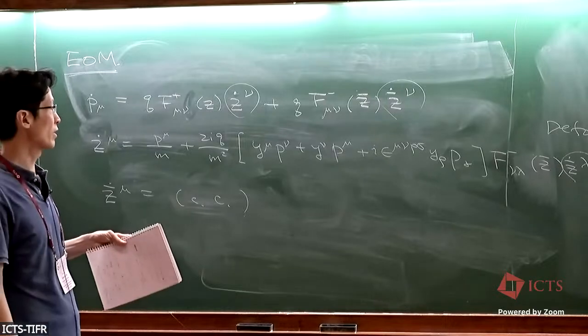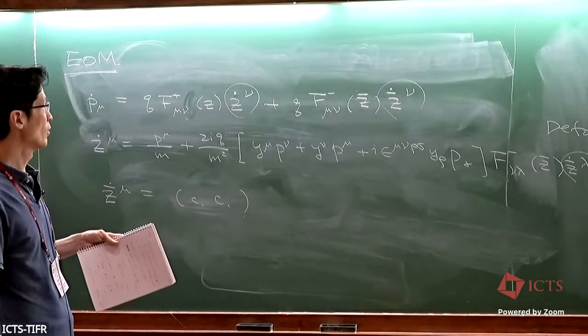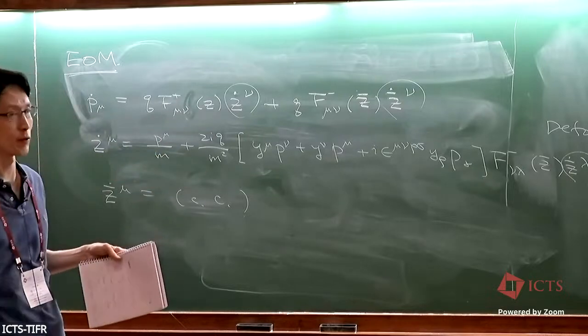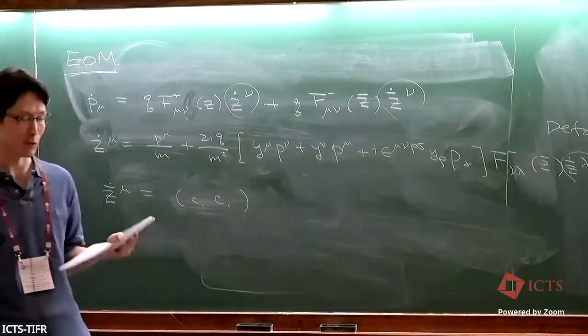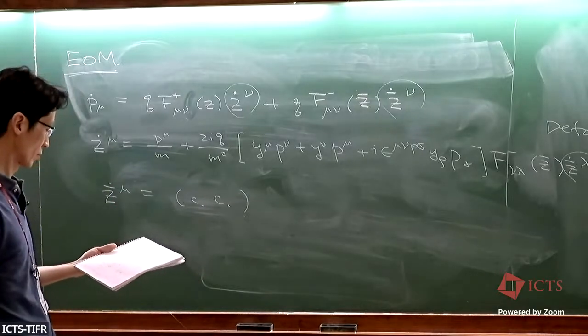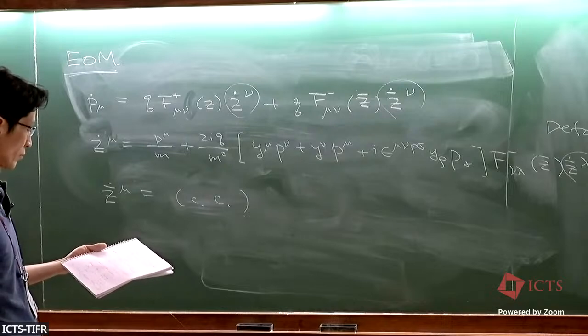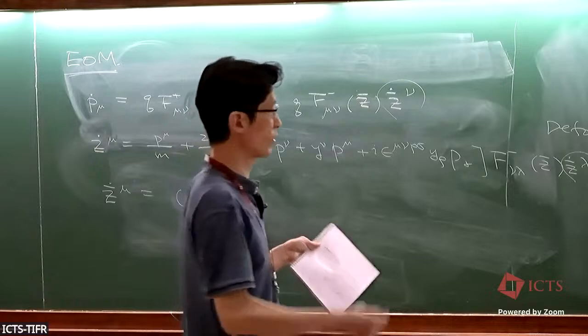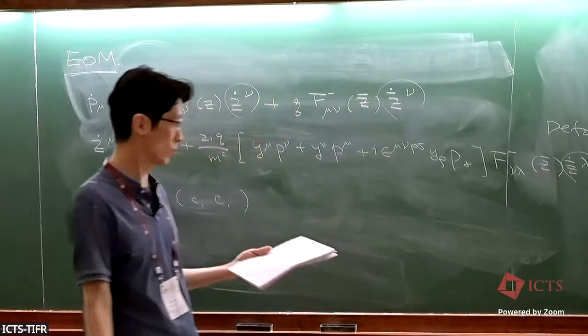In practice, we want to solve the equation by truncating the iteration up to a certain order and get some approximation up to that point. And in the leading order truncation, they do agree with the BMT equation with G equals 2.